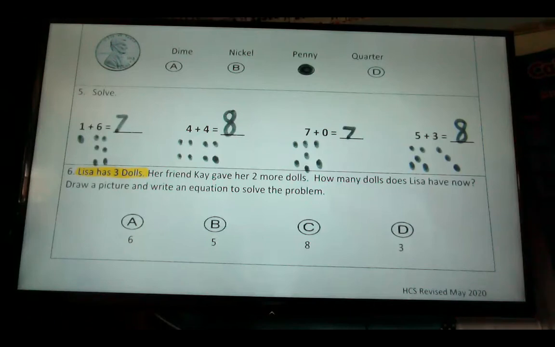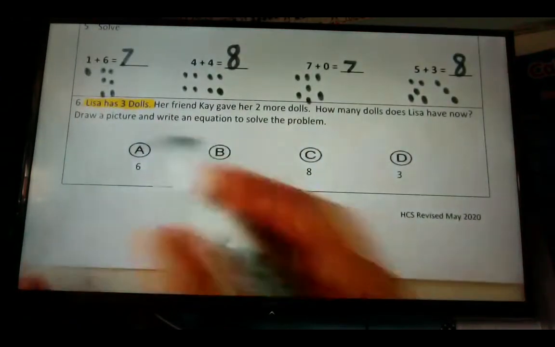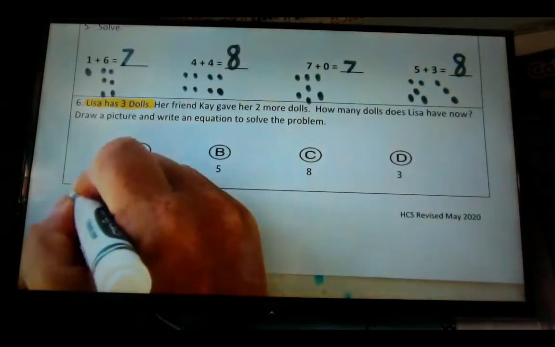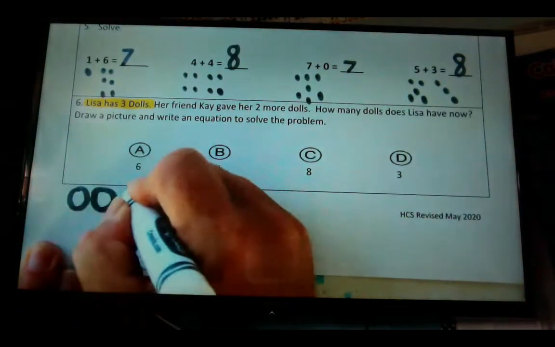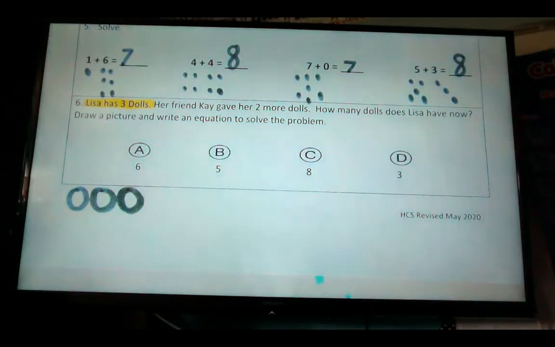Now, when I am drawing a picture, I could try to draw dolls, but that's really tough. So instead, I'm going to draw 3 circles to represent 3 dolls. Do you have 3 circles to represent 3 dolls?